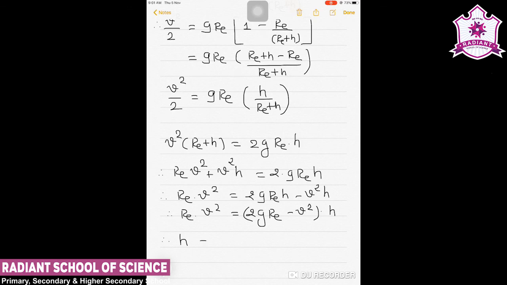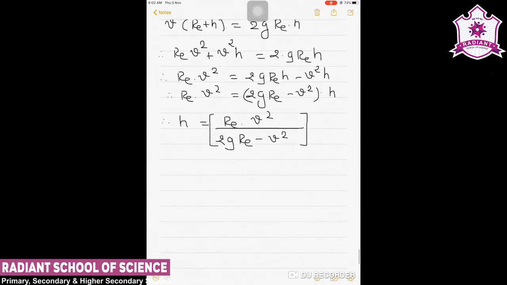Therefore h is equal to Re v square over 2 g Re minus v square, and then we have all the terms which are given in the right hand side bracket.